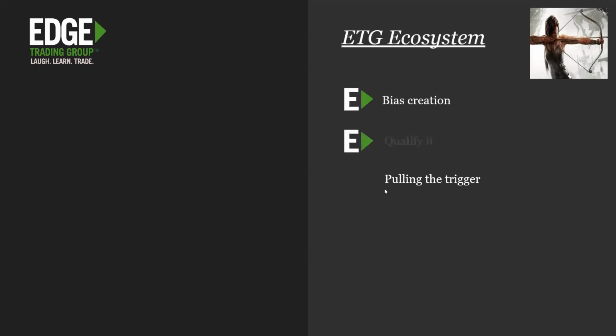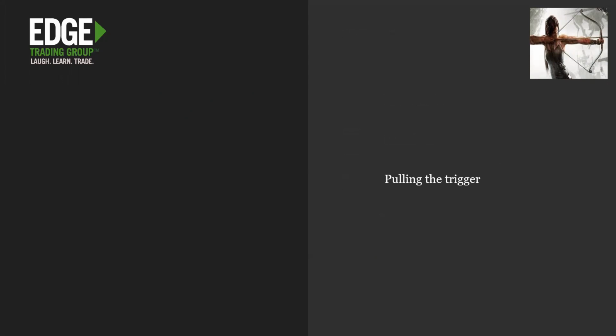Now, you might think I forgot to animate this next slide, pulling the trigger. I didn't. I want it to stand out, because without being great at this, everything else is a lot less important.